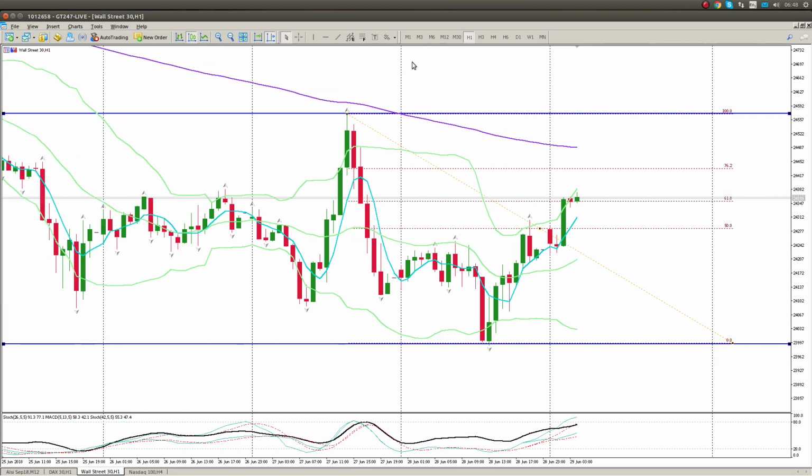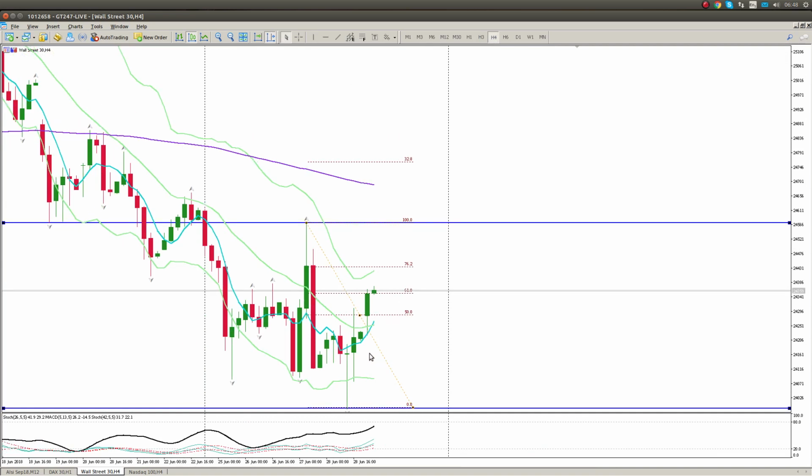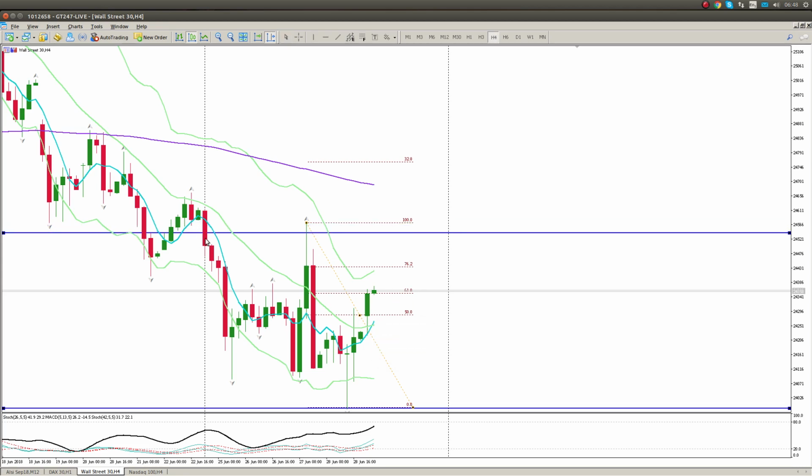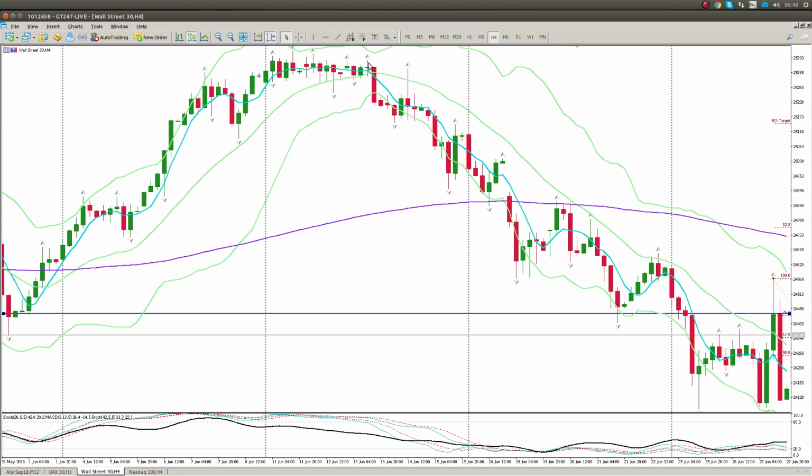I think for me, this is the telling sign. We've got this 4-hour bar above the 20 moving average, so there is a possibility that we come back and test this moving average before we start moving. And why I say that, if you look here, you can see we broke through the 20 with this bar to the downside, then we rallied and rejected the 20 again before we actually started moving.